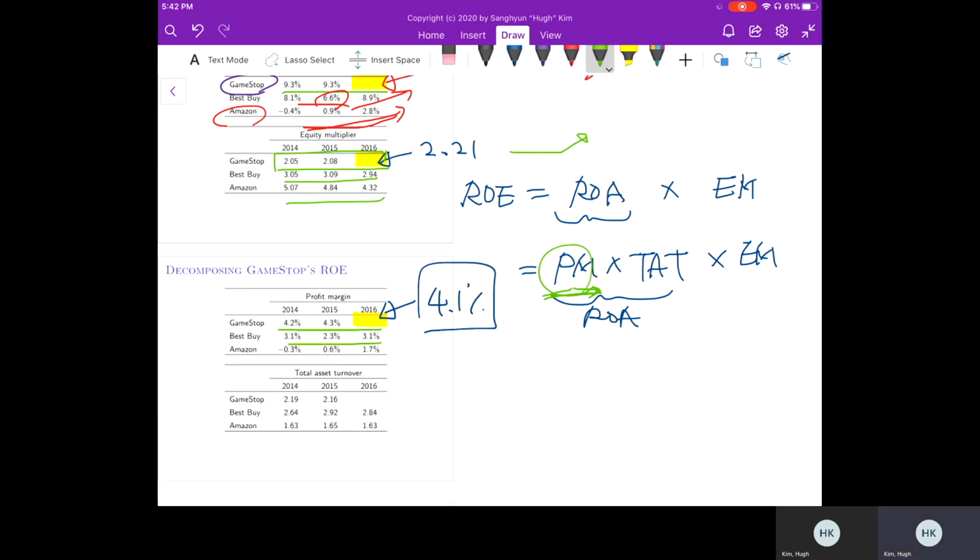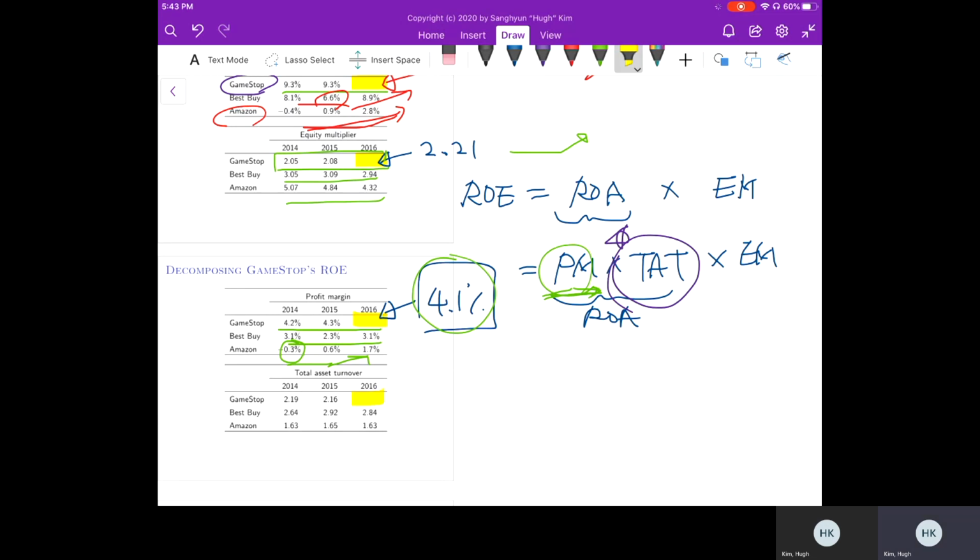And Amazon's profit margin was negative in 2014, so it was losing money, but things have turned around and improved quite a bit. So profitability was not an issue for GameStop in 2016. And that must mean that total asset turnover must have been an issue.